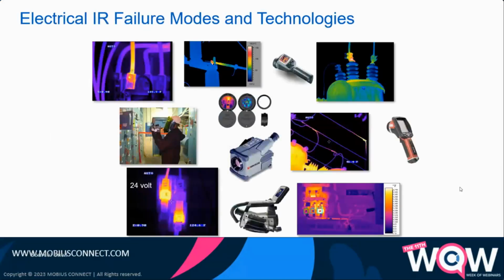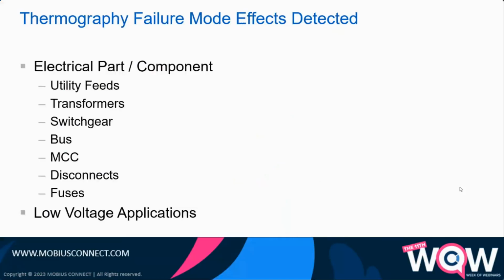Next slide, please. Same premise on the electrical side. Temperature variation between components, etc. And if you could go to the next slide, the pictures show a pretty good understanding of the type of electrical components where failures can be detected, right?